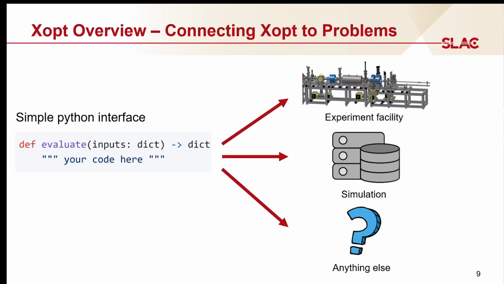These dictionary inputs and outputs have to correspond to the labels of your variables and objectives, which I'll talk about in the next slide. By specifying this very simple interface, we're able to connect Xopt to a wide variety of problems, because Python wrappers around control systems or simulations are so ubiquitous. As long as we can write this basic Python script, we can optimize it inside of the context of Xopt.